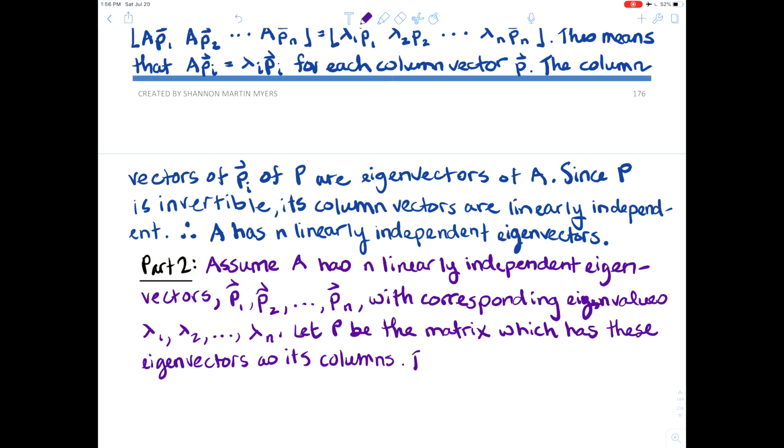Well, what will P be equal to then? Beautiful. P is going to be equal to P1, P2, all the way down to Pn.